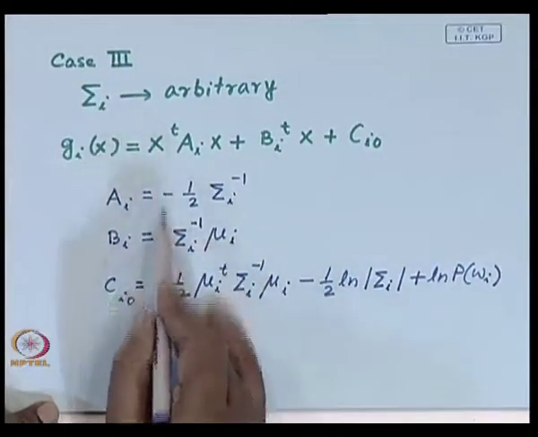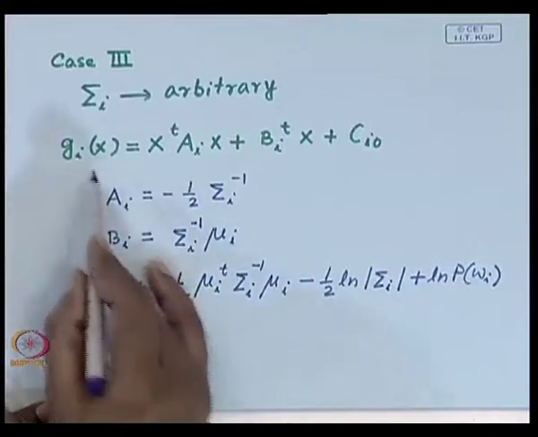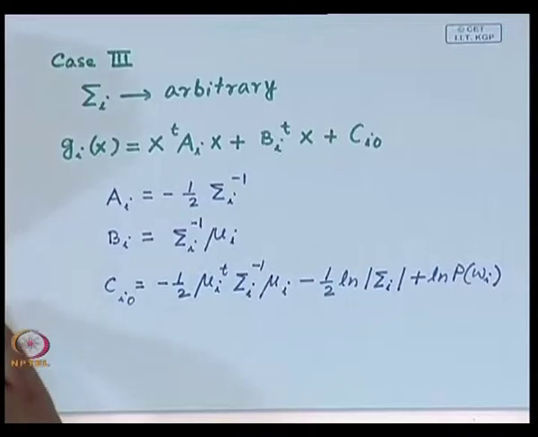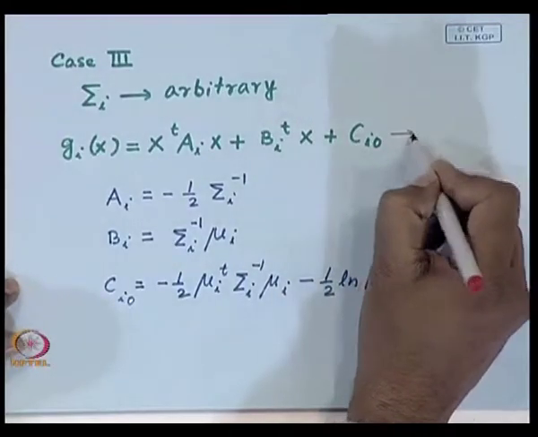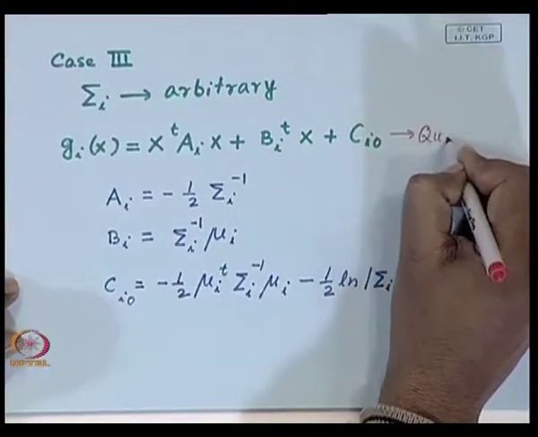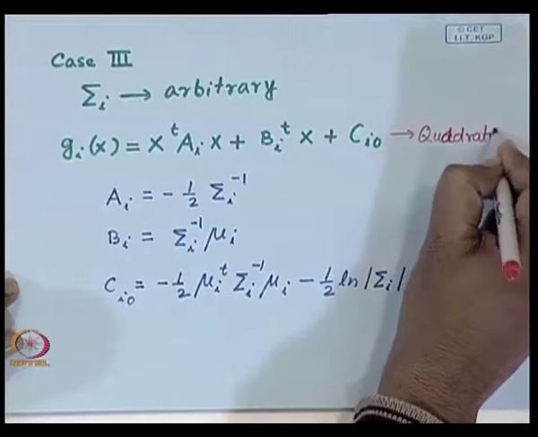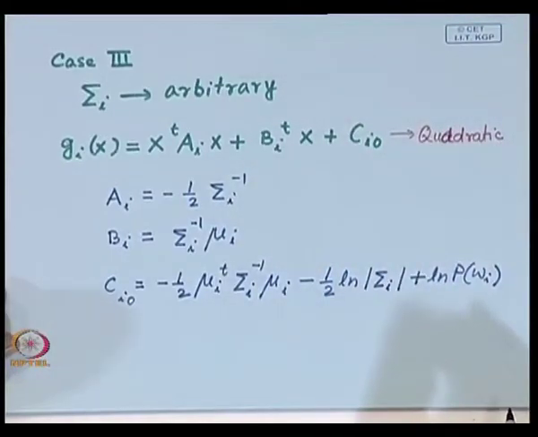So, I cannot remove any of the terms, and this expression that I have is nothing but a quadratic expression, giving you a quadratic classifier. In the earlier two cases we had linear classifiers; in this case we get a quadratic classifier.